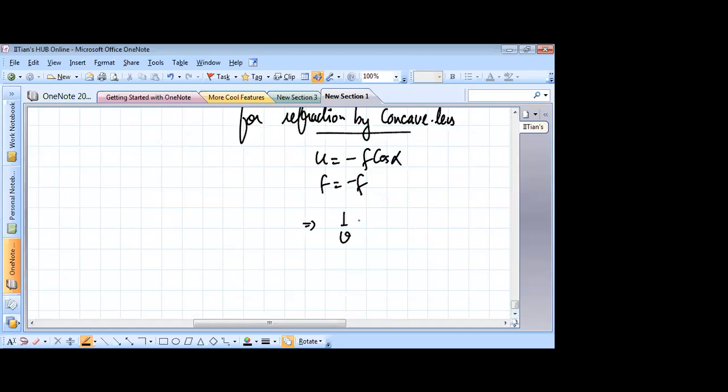So 1 by v plus 1 by u is equal to 1 by f.